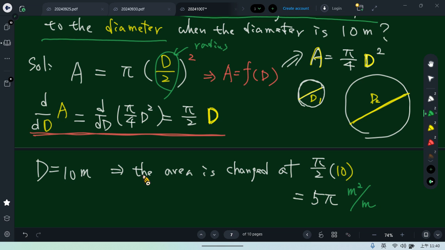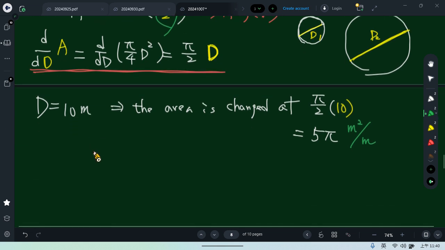That means per meter change, it will cause a 5 pi area change in meter squared. So please don't say you can just cancel it. No, you cannot do it. This m squared over m means how much a small change in the diameter will affect your area change. So per meter, you will cause a 5 pi meter squared change when the diameter is 10.